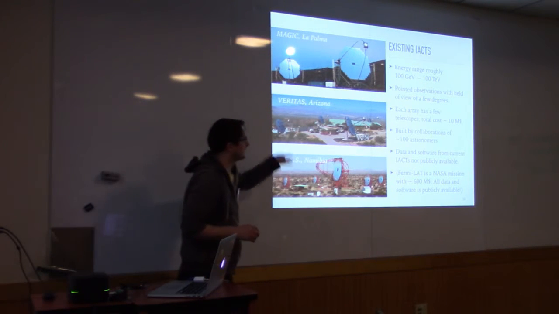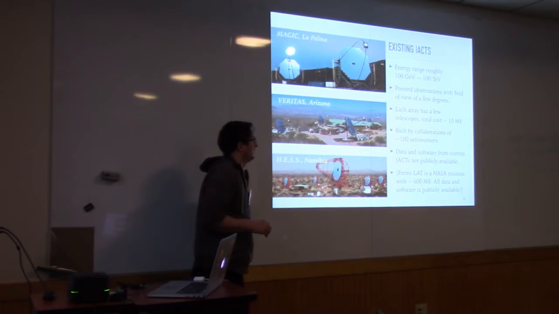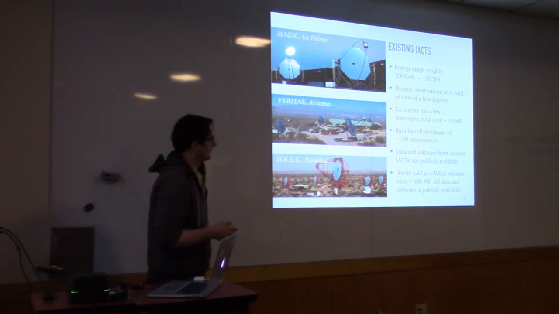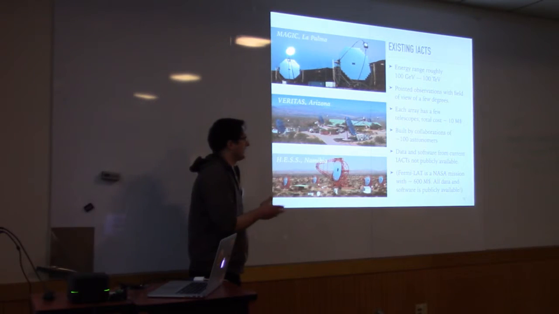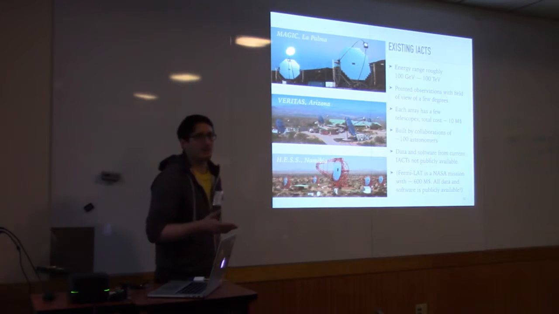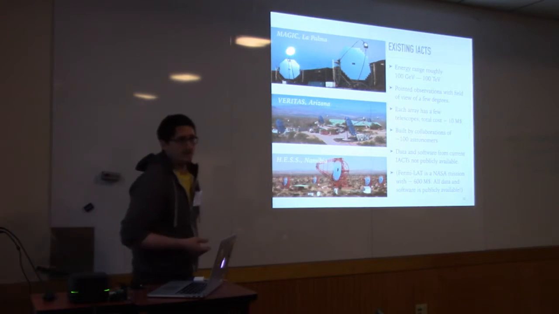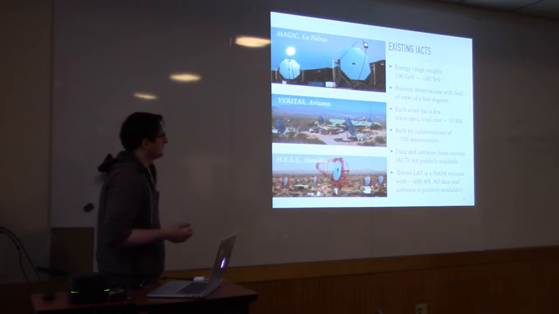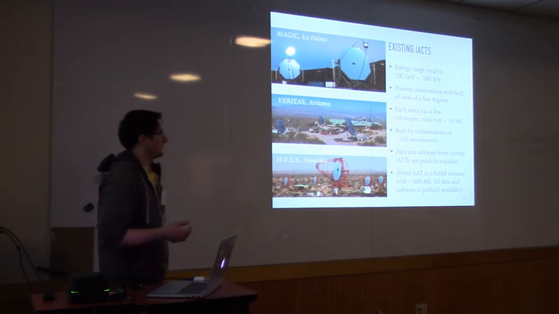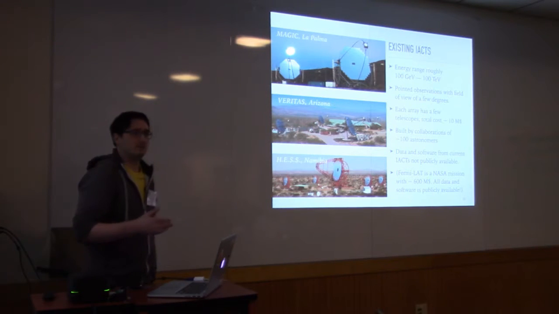Each of these arrays has a few telescopes and a total cost of the order of $10 million. They've been built by collaborations of roughly 100 astronomers, and the data and software from these IACTs is not publicly available. It's built and maintained by these collaborations. Compared to that, Fermilab is a NASA mission with a much larger budget, and there all the data and software is publicly available.